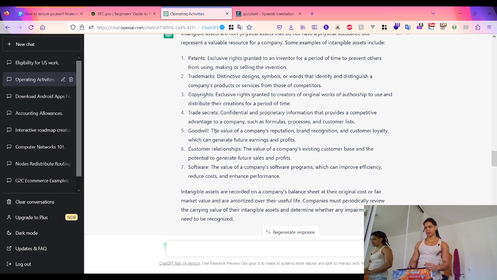You have goodwill, a company's developed reputation, which in Spanish is fondo de comercio.